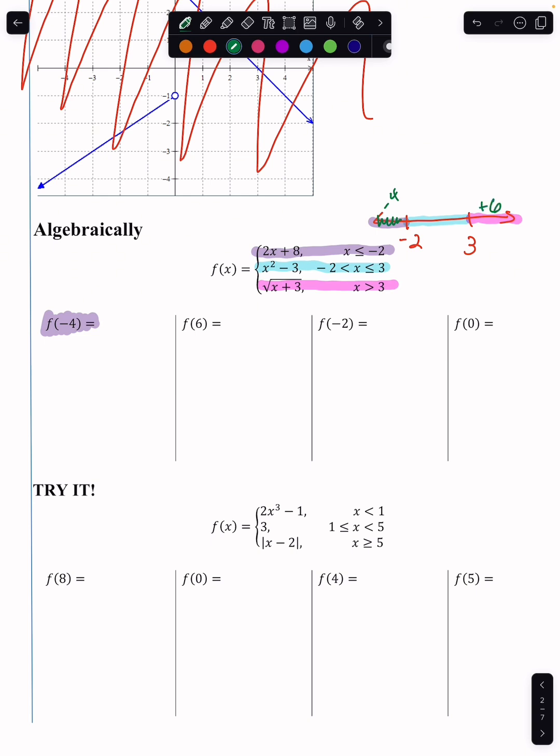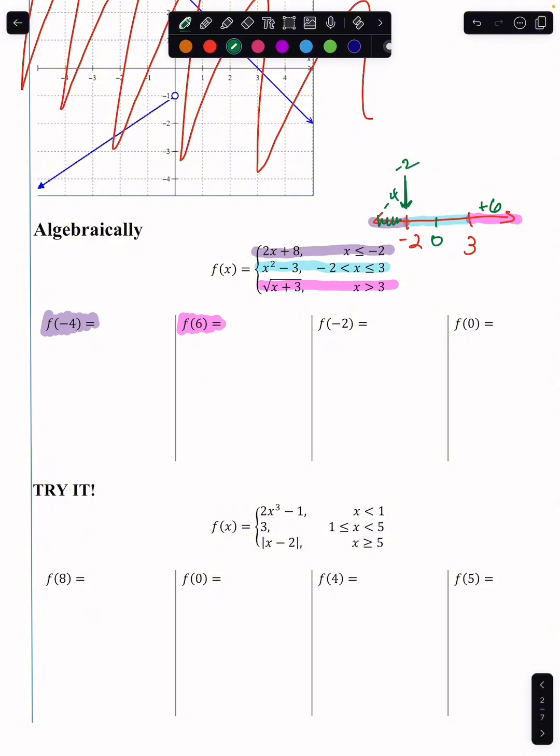Actually, I'll put 0 here just so you can look at the number line better. And then I'm going to put +6 there. That's bigger than 3, so that's going to be the pink one. And then I got -2. -2 happens to be exactly on the line.